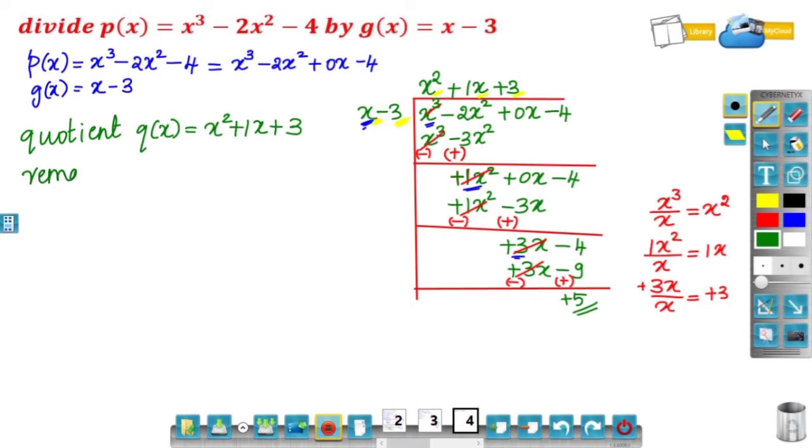Remainder r of x is equal to plus 5. This is how we divide the polynomials.